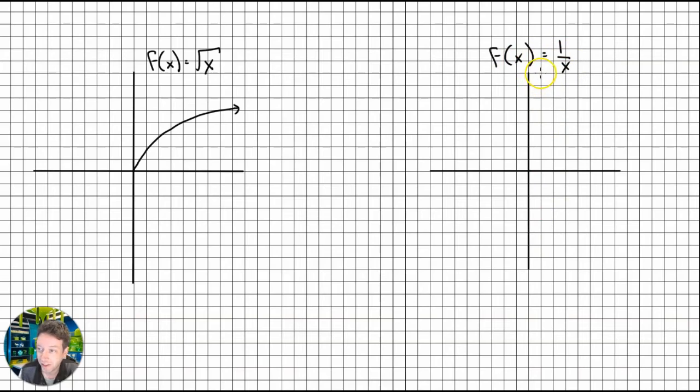So this one looks like 2 boomerangs. One here and one here. Now neither of these graphs are to scale. I know I have graph paper here. I could have drawn them better.